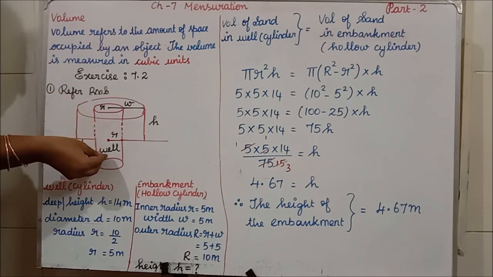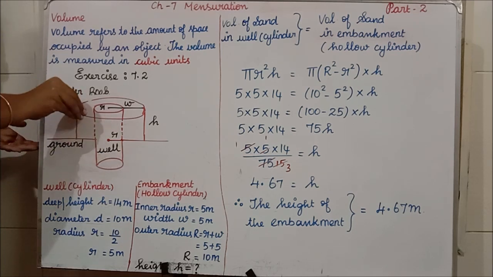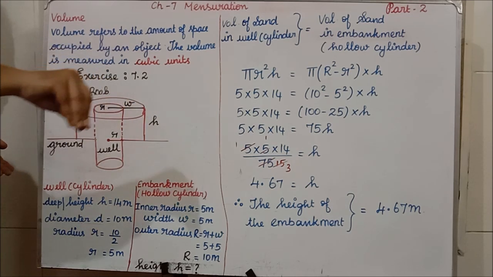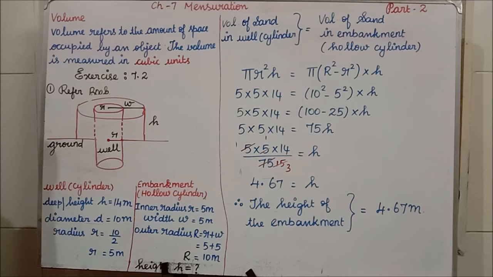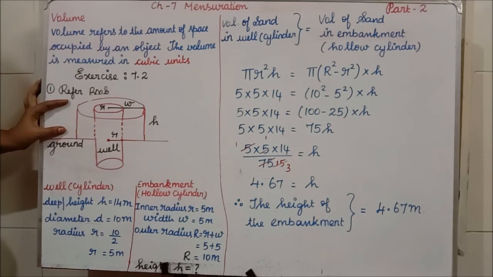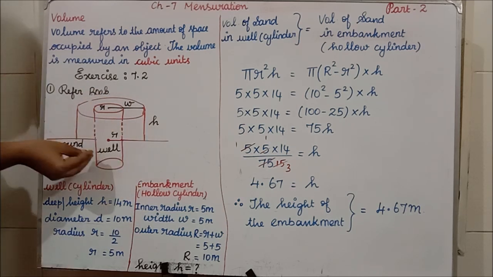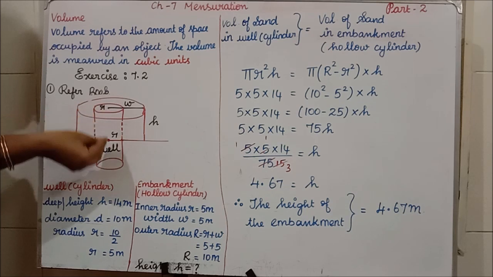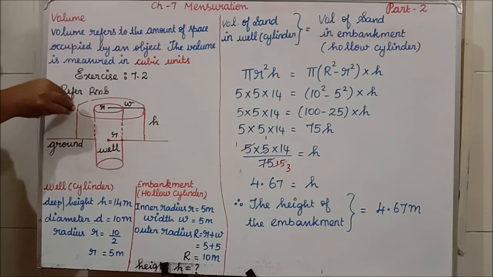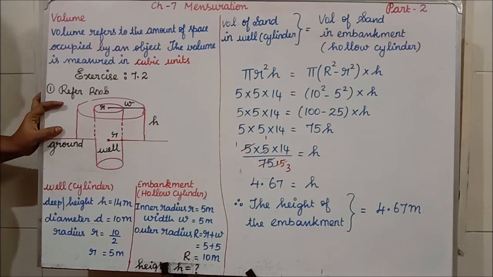The man is putting the mud first here, then here, spreading outward like a cylinder, and after some time it has become some height. That height only we have to find. Clear? So volume of the sand in the cylinder is equal to volume of the sand in the embankment.